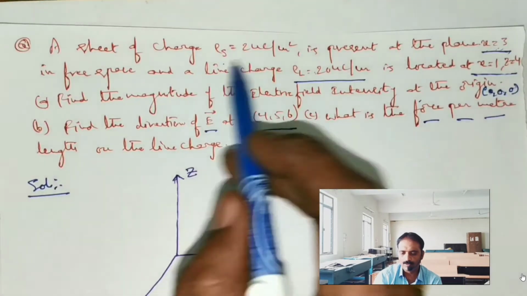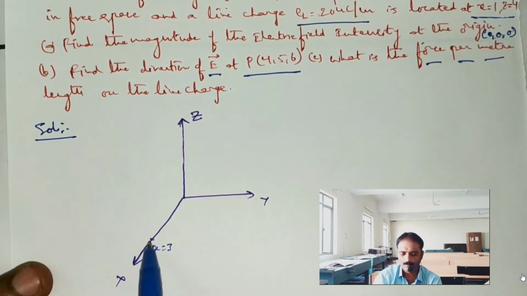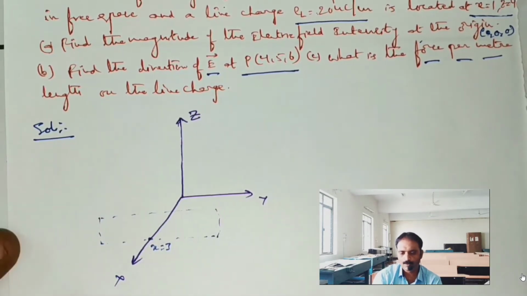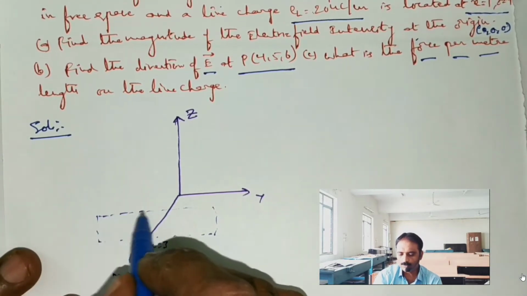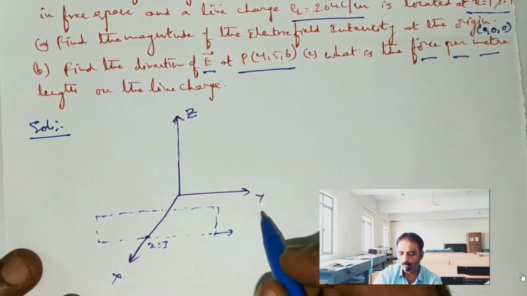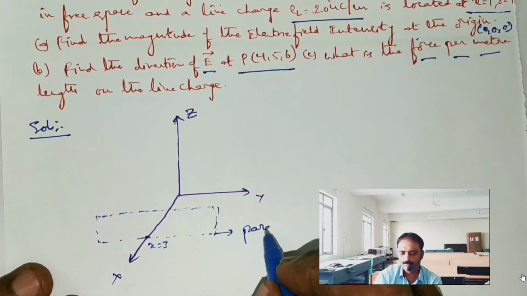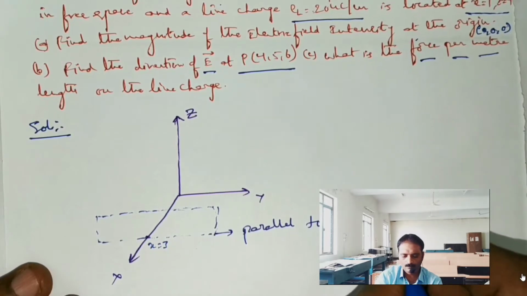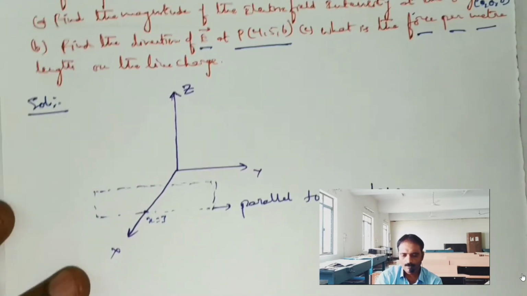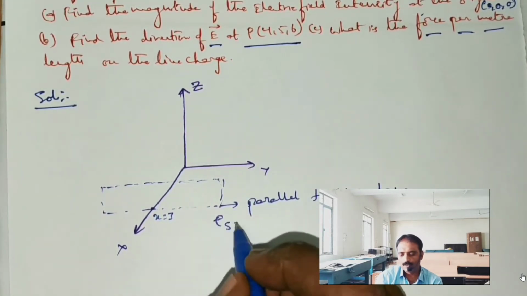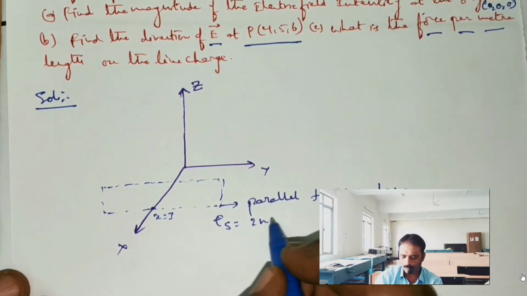The charge density is given as 2 nanocoulombs per square meter. This particular plane corresponds to the sheet of charge located at x equal to 3, and this would be parallel to the YZ plane. The magnitude of the sheet of charge is 2 nanocoulombs per square meter.